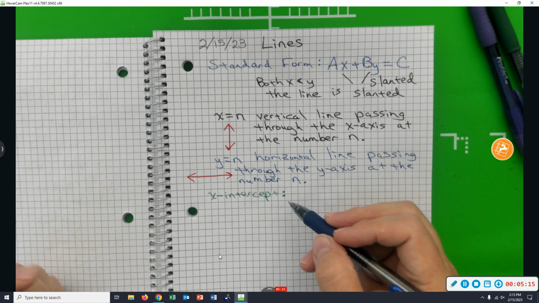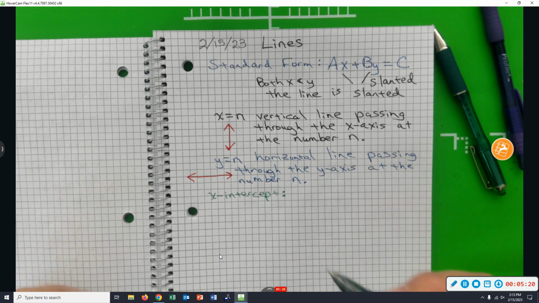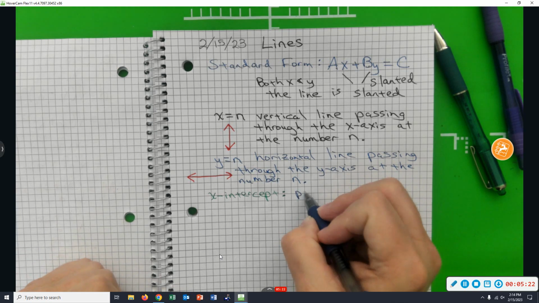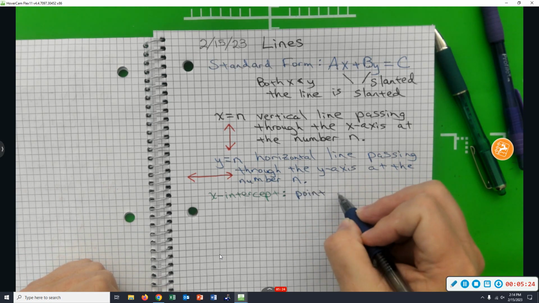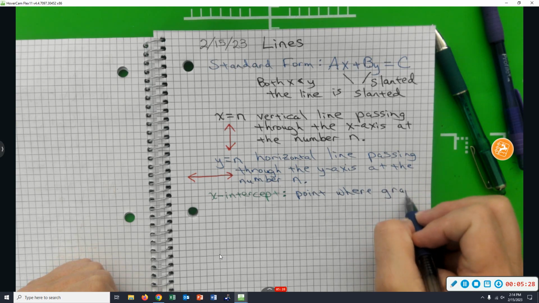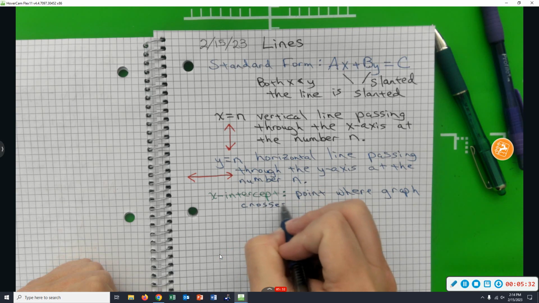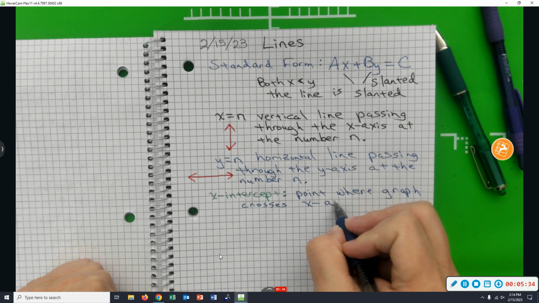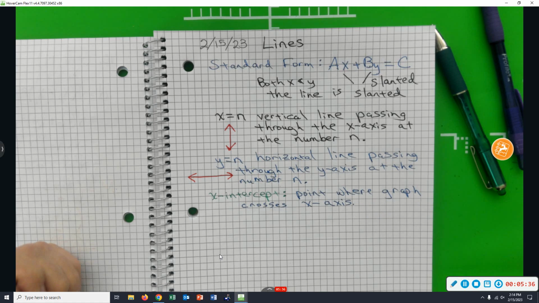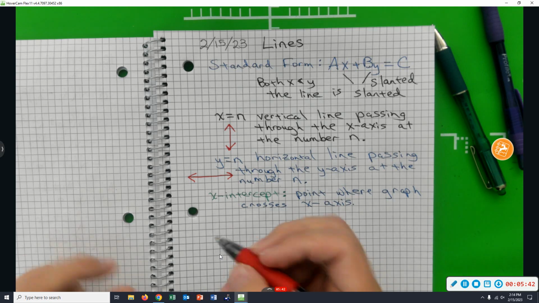The x-intercept is the point where the graph passes through or touches the x-axis. For brevity, I'm just going to say where the graph crosses the x-axis, and the y-intercept is the point where the graph crosses the y-axis.